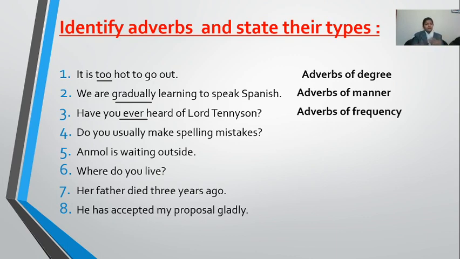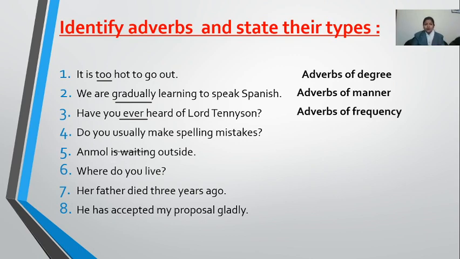Again, whatever we have done in the previous interrogative sentence, just revise all those things in this. The question is beginning with an auxiliary, so there is no interrogative adverb. Now, do you usually make? Usually, as it is ly. I told you that adverbs mostly take ly in their formation.